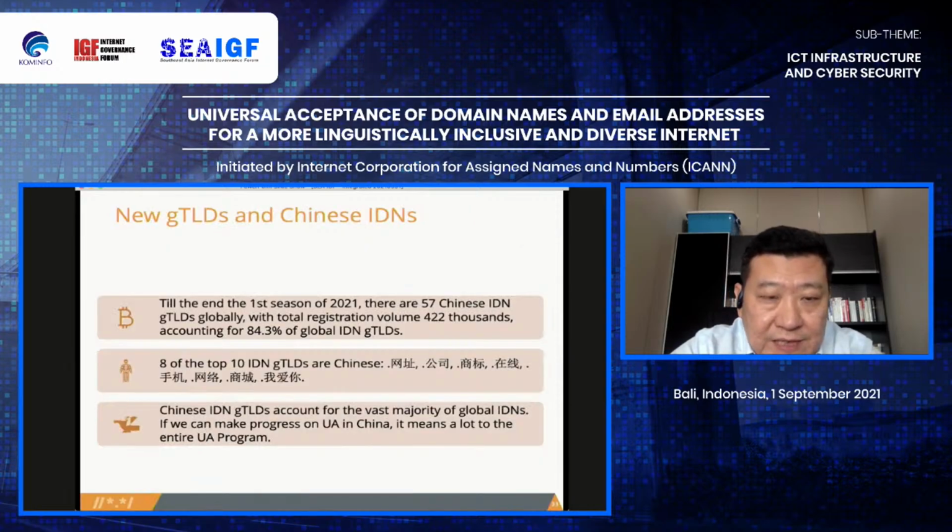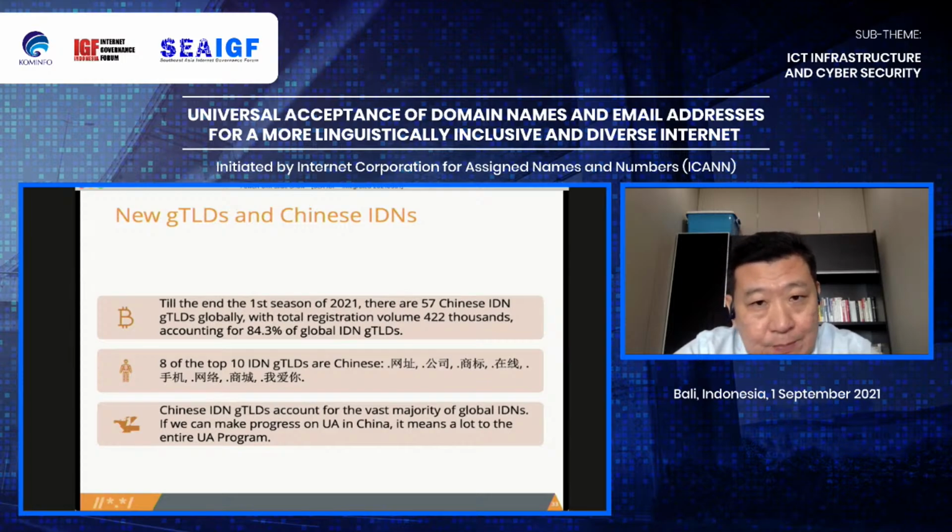This data was collected in Q1 of this year. By that time, there were 57 Chinese IDN gTLDs globally. The total registration of IDN gTLDs is around 400,000, which means around 500,000 gTLD Chinese domain names were registered.